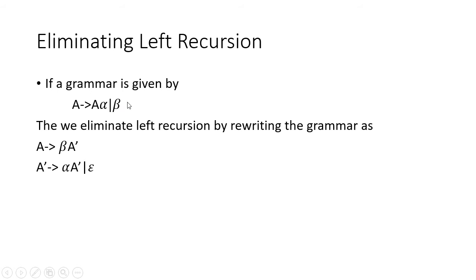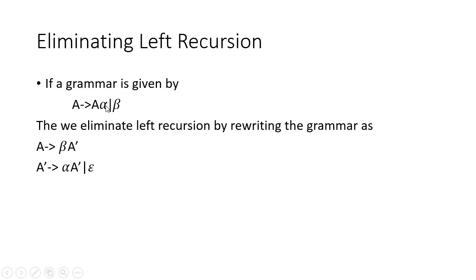To eliminate it, if a grammar is given by A derives A alpha or beta, you can see that this grammar has A derives A alpha, so A and A are here. Then we change the grammar by writing it as A derives beta A dash, and A dash derives alpha A dash or epsilon.